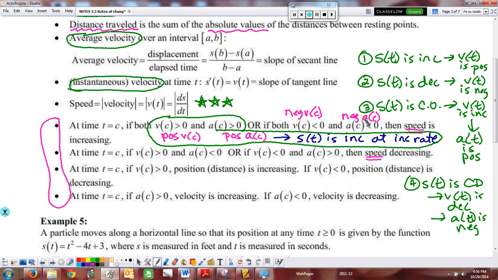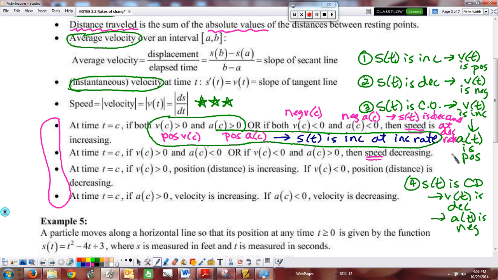What's happening on S of t is that it is decreasing, and decreasing at a decreasing rate. Do you see that they're both working together there? I'm headed in the negative direction, and at a more negative rate.